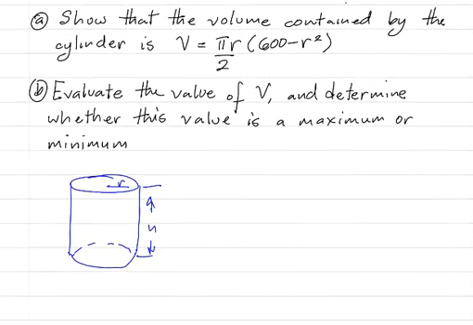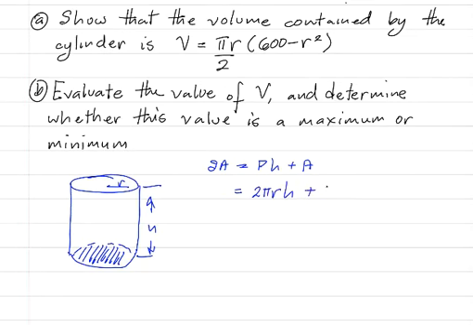So the surface area would be equal to the curved surface plus A alone, because 2 pi r h gives you the area of the sides, the curved surface, and A is the area of the flat surface. It's a circle, so this would be 2 pi r h plus pi r squared.